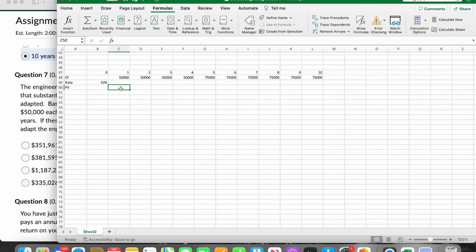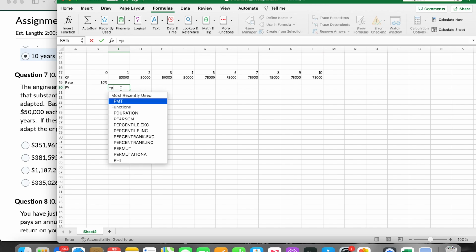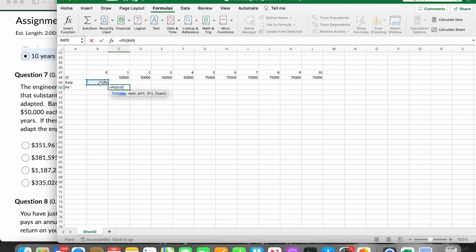All right, so now we're going to calculate the PV equals PV, rate of 10%, 1 period, no payments, for a negative $50,000. So, got that one. Just going to keep repeating this for the next 4.